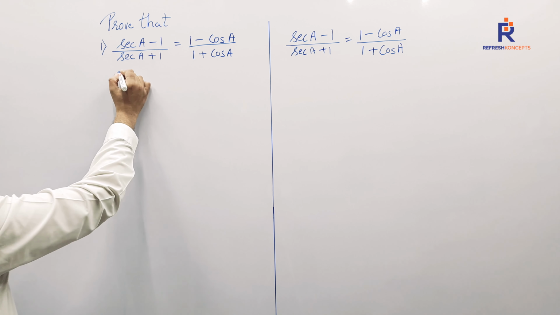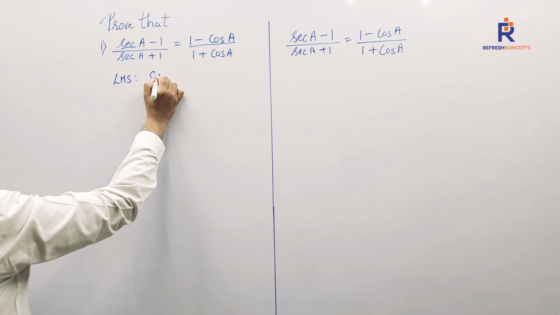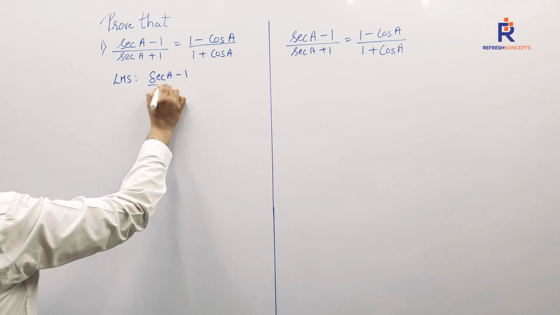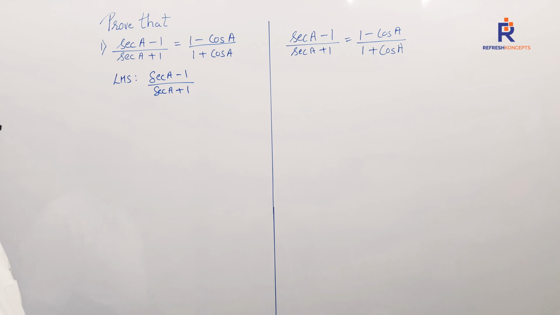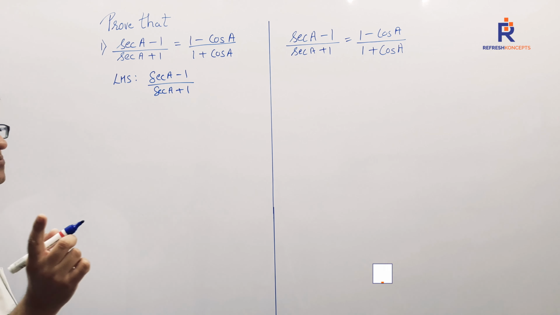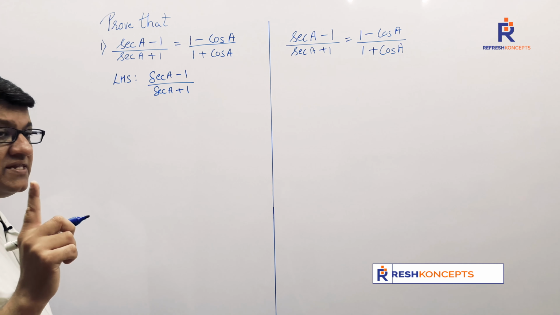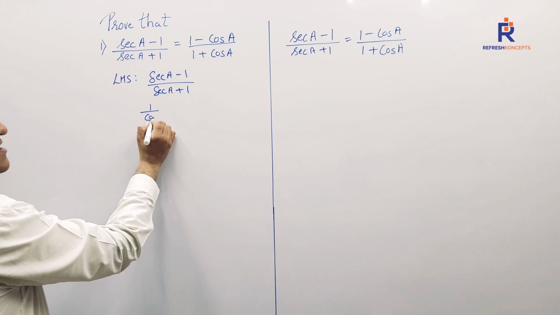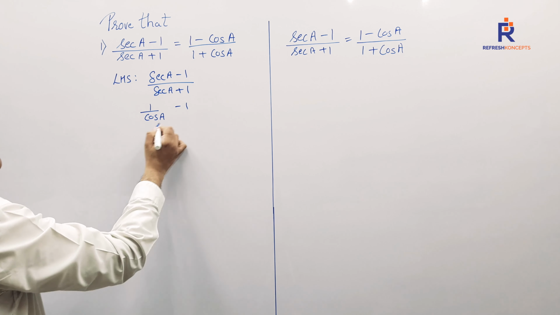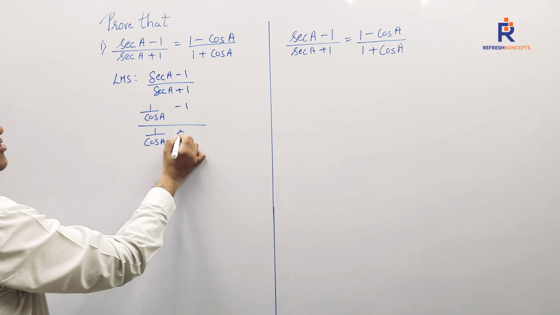So what is my LHS, children? My LHS is sec A minus 1 upon sec A plus 1. By this time you should be well versed with all the relations and identities. Can I write sec A as 1 by cos A, so 1 by cos A minus 1, likewise 1 by cos A plus 1?